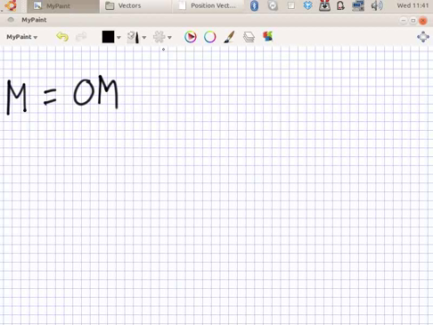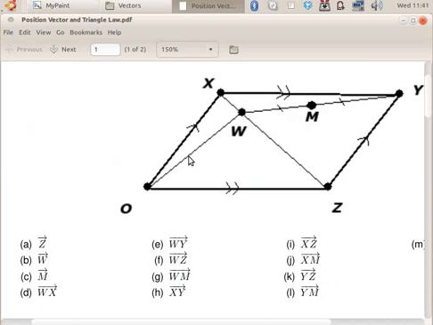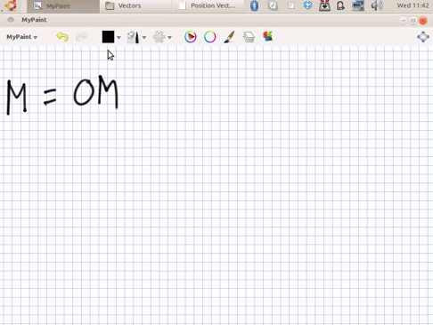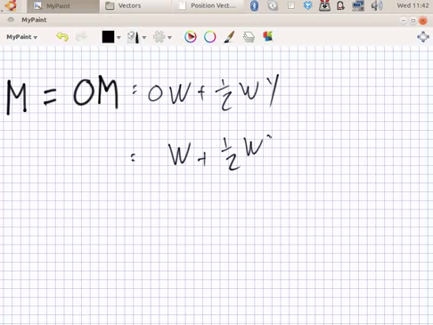M is OM, and OM, well, what can we say OM is? We've got a few choices. I think I'll go with OW, and the reason for that is we have W, plus a half WY, so it'll be OW plus a half WY, which is W plus a half WY.